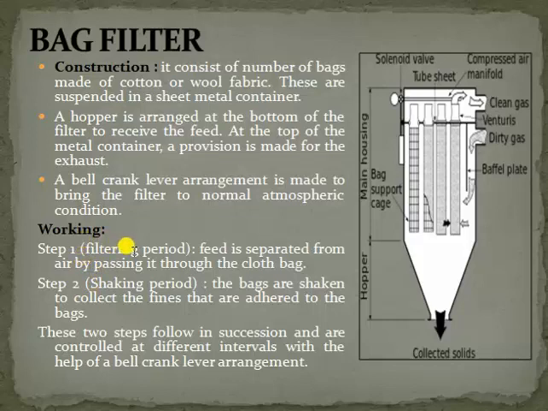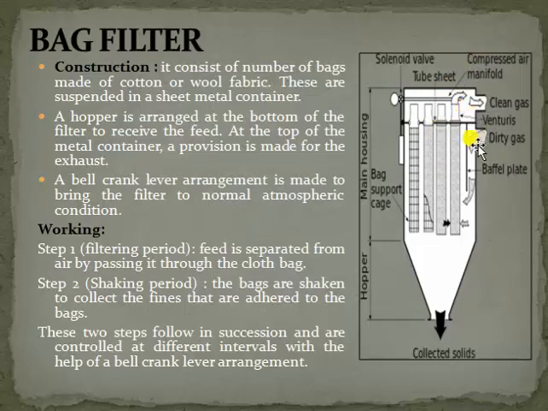It is the same as explained in the principle: feed is separated from air by passing it through the cloth bag. First, your dirty gases, or you can say dirty air, are passed through the filter bags. The dirt is collected in these bags, and by the help of circulation, the compressed air is exhausted out from the top of the container.